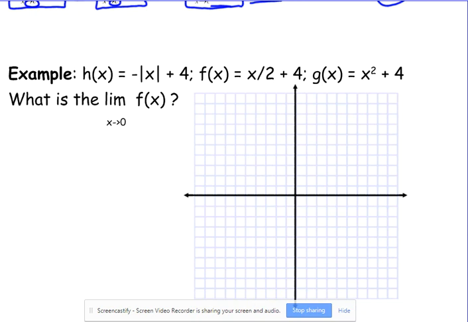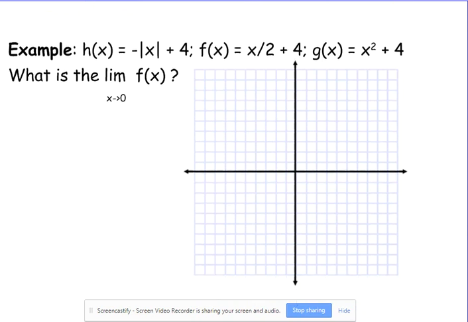All right, so here we go. We've got 3 functions here. We have h of x is the negative absolute value of x plus 4. Let's go ahead and graph that, okay? So y-intercept of 4, negative absolute value, it's facing down. So that's what we've got going on right here. Okay, there's h of x. Now I'm going to try and keep this color coordinated for us.